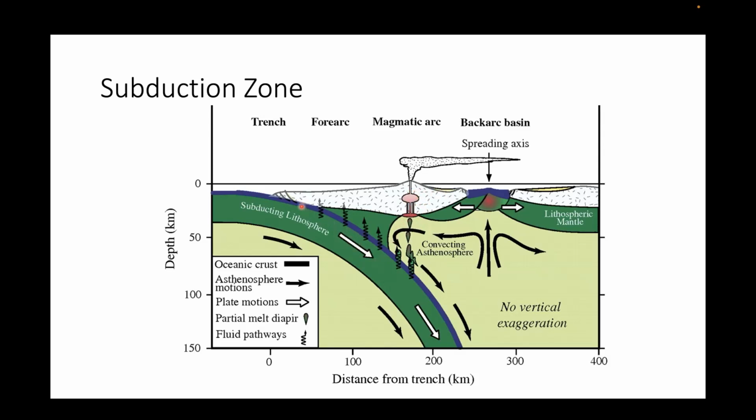The water is released as the slab goes down into the mantle, and this water in the mantle wedge lowers the melting temperature and produces partial melting. This partial melting eventually comes up to the arc and becomes the arc volcano.